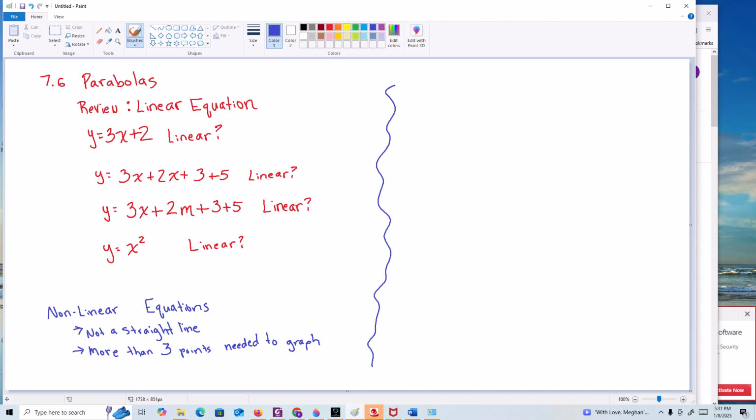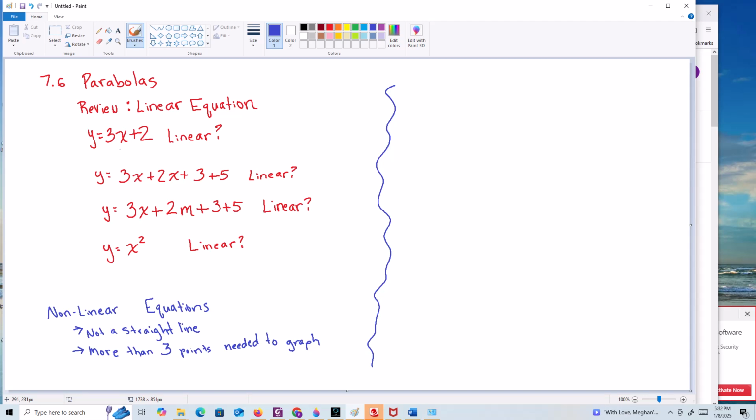So hopefully you'll recall what linear equations are. Linear equations have only a single variable, and the exponents are always 1 for those variables. So if I have the equation y equals 3x plus 2 and I want to evaluate whether or not it's linear, I ask, well, do I only have one variable?